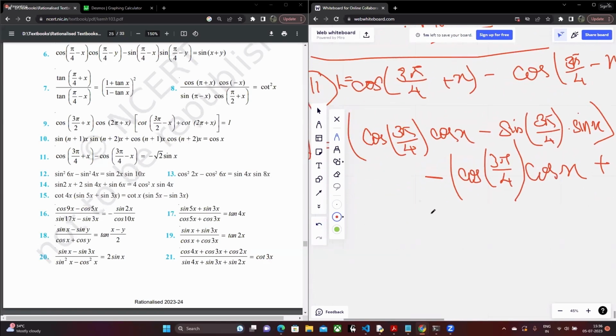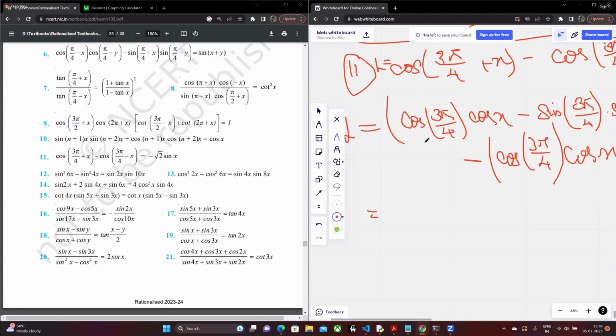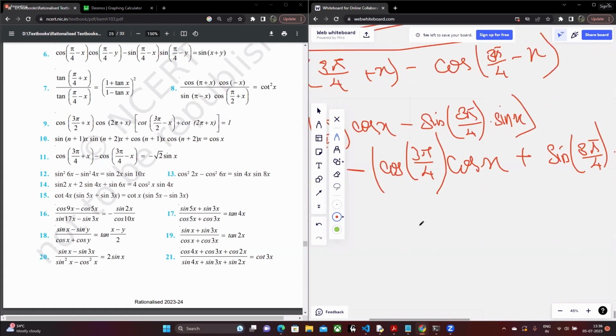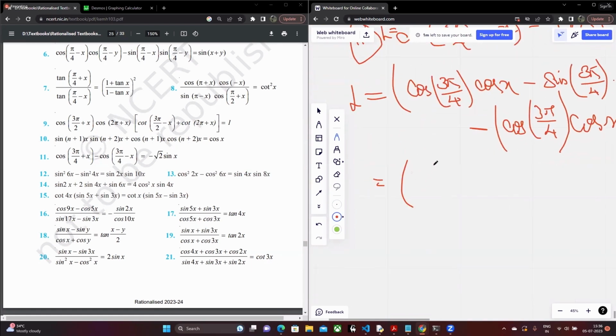Cool. Cos of 3 pi by 4 is basically cos of 135 degrees, that is minus sin 45, that is minus 1 by root 2. Sin 3 pi by 4 is 1 by root 2 because sin is positive in both the first and the second quadrant. Just remember that. I'll make the numerical substitutions.